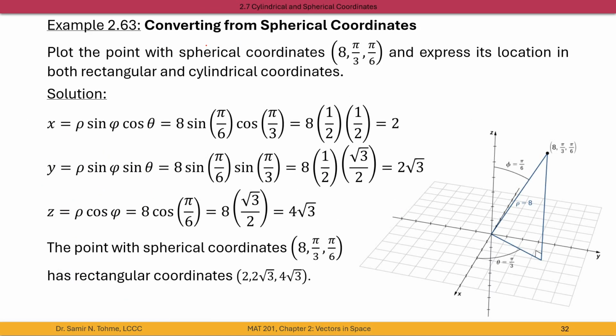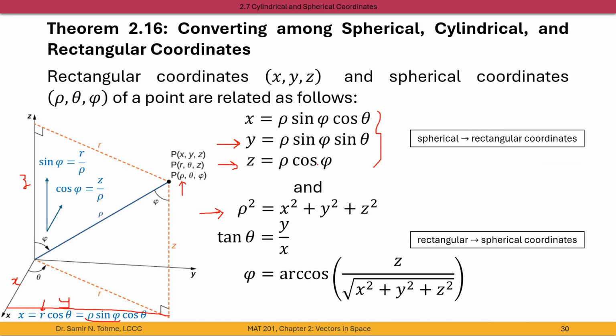Okay, converting from spherical coordinates. Plot the point with spherical coordinates 8, pi over 3, pi over 6, and express its location in both rectangular and cylindrical coordinates. So we need to convert from spherical coordinates to rectangular coordinates in the first case and to cylindrical coordinates in the second case. For moving from spherical to rectangular coordinates, we use these equations.